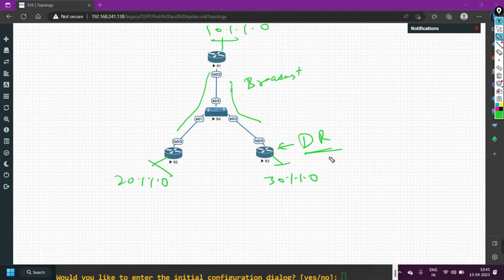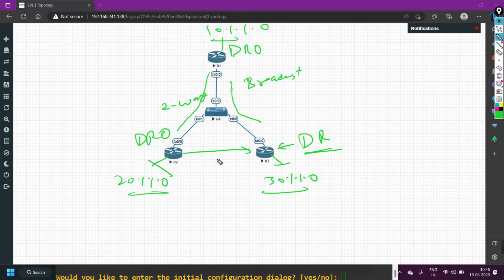Yes, sir. So how this router can send their database to router number 3? Is it possible? Not possible. Yes or no? Suppose this is my DR, other, this is my DROther. So DROther and DROther will form neighborship till two-way. Yes or no? Right. So there will be no any database exchange. So branch offices cannot communicate with other branch office.